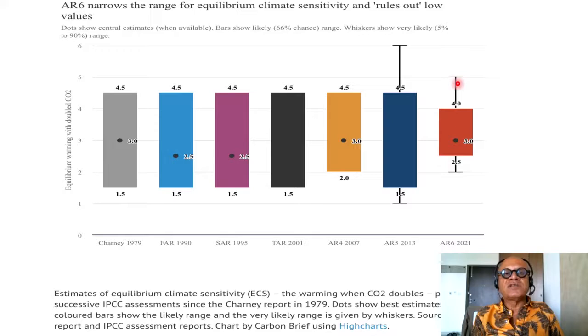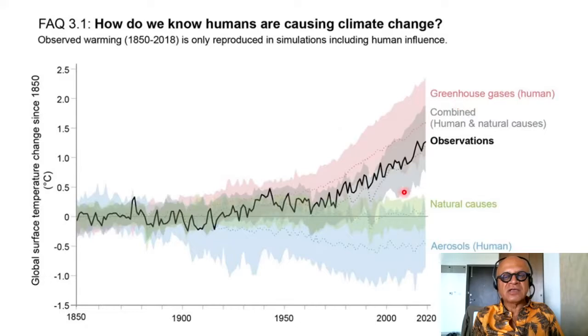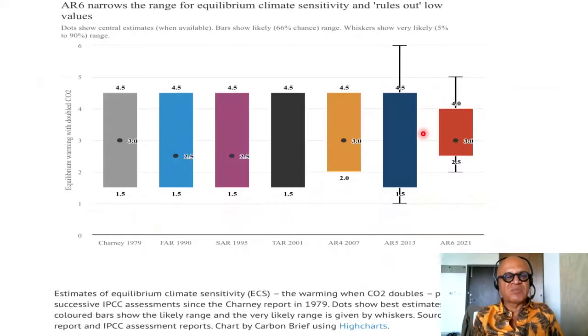Okay, why is that? Because we have increased the sophistication of the models, observations have increased, and we know much more about the uncertainty. So we are now much more certain about the uncertainties in the climate sensitivity calculations, like the aerosol forcing and the greenhouse gas forcing, for example.